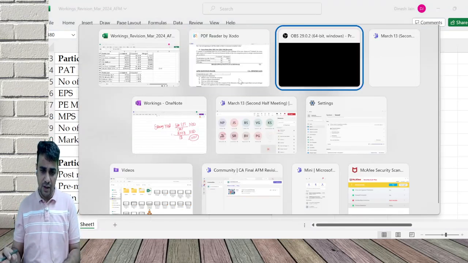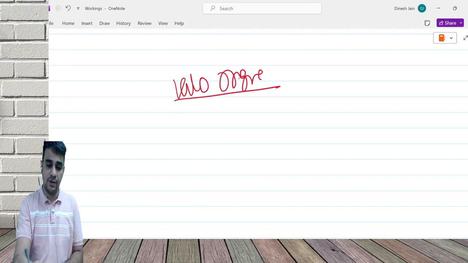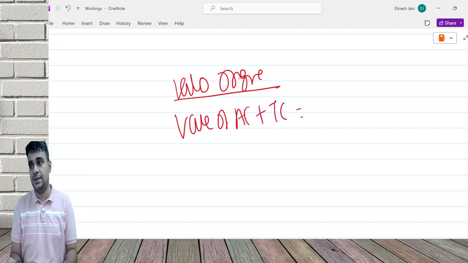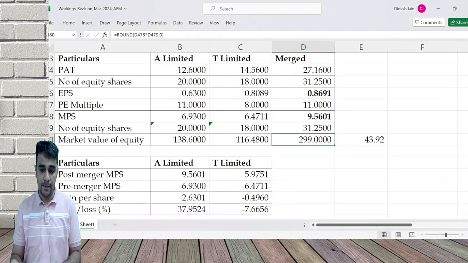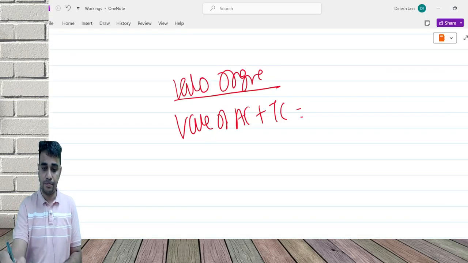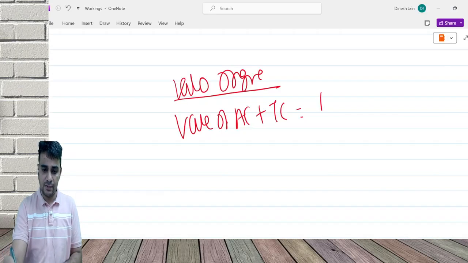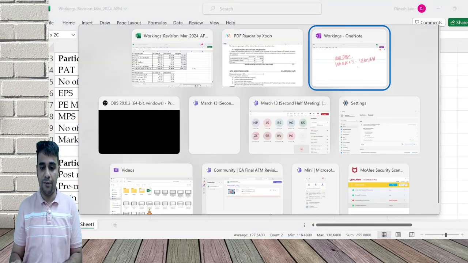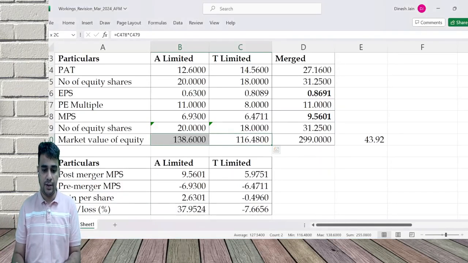Now write value of original shareholders. Value of AC plus TC is equal to, what is the put together value? 138 plus, how much do you get? 55.08. 255.08 is the value, no?